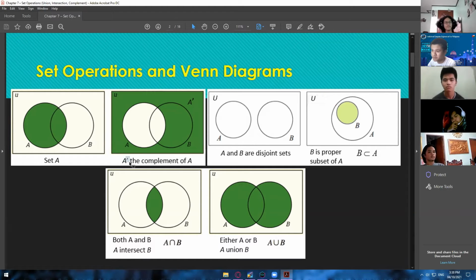Once you see this, it means the complement, or the opposite, of this set. So the opposite of set A is everything except A itself. That is why everything is shaded: the universal set U, this entire triangle, except set A itself. So this one is A complement, or the complement of A.